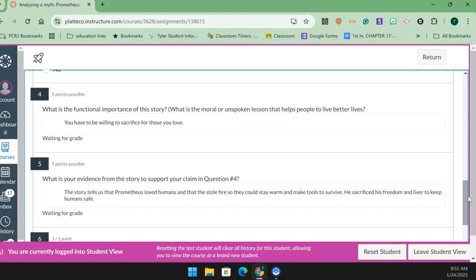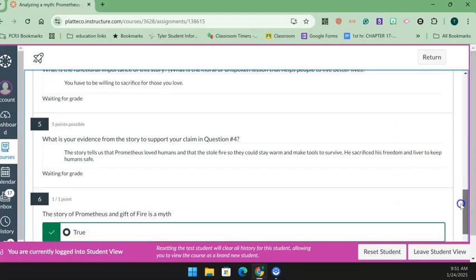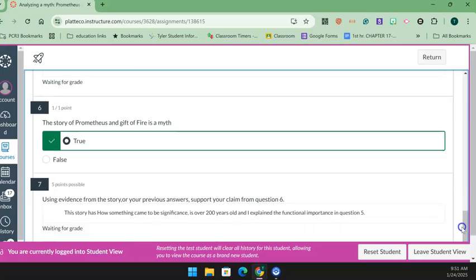Once you get that typed in, you may begin to pack up. Bell's going to be ringing in just about a minute here. Okay? So if we look really quickly, number 5, that's where I go into a little bit more detail about number 4, right? This is where I used information from the text to support. And so, yeah, I'll go back.